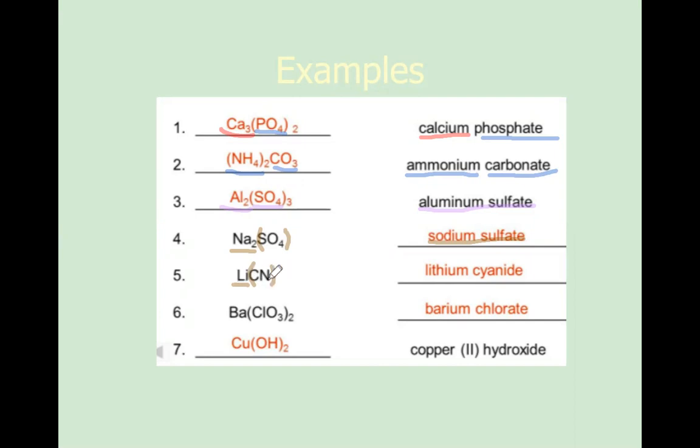So LiCN: lithium, CN stands for cyanide, so lithium cyanide. Barium, Ba stands for barium. Then the last name is, it's better to write it in parentheses when the compound has two or more polyatomic ions. So that is chlorate. ClO3 is chlorate. Then copper hydroxide. That is the name.